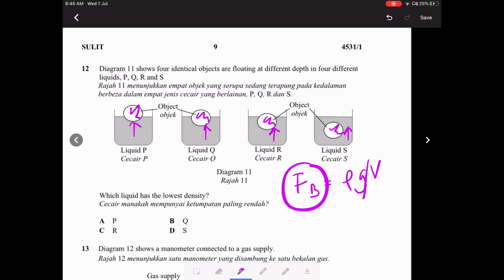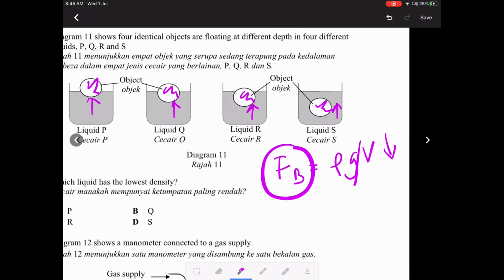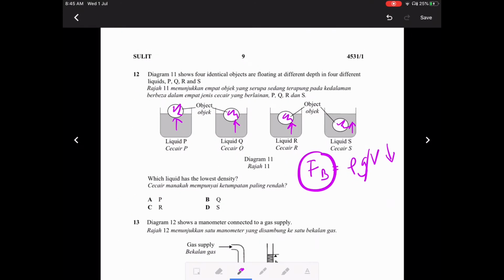Okay. So, kalau kita tengok volume of water displaced yang paling sikit adalah P. So, bila dia paling sikit, density dia adalah paling besar lah. Contoh untuk liquid P, density dia paling tinggi lah.